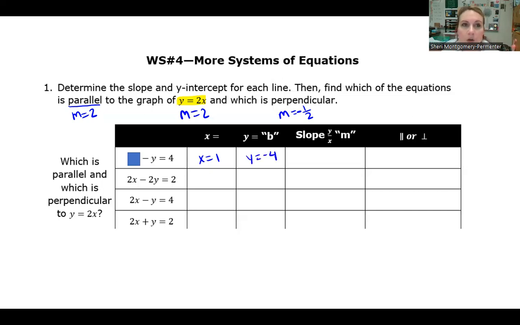To figure out the slope, you can figure out y/x. So that becomes -4/1.